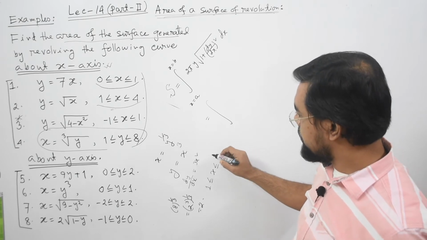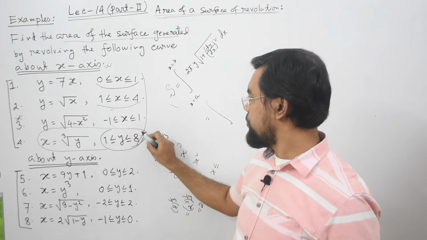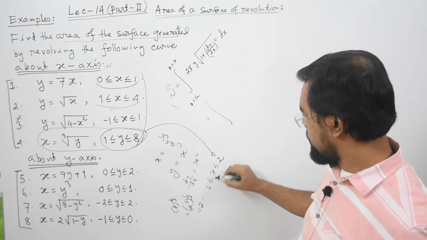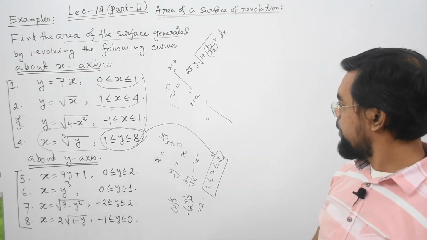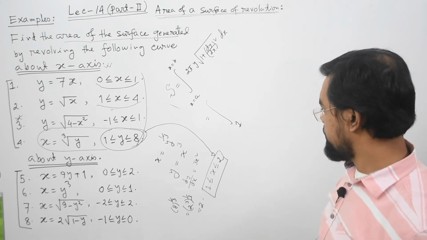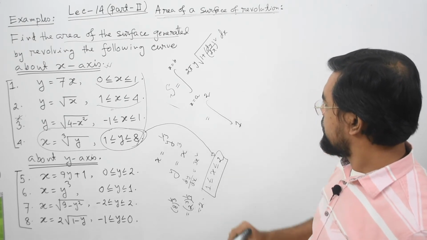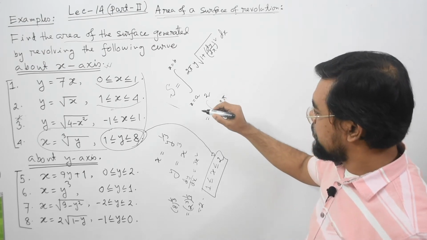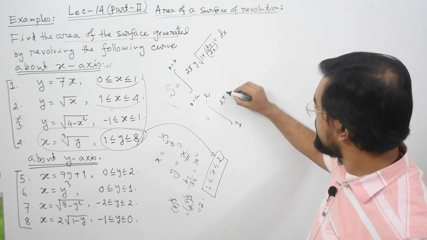So this range of y will convert to 1 to 2 for x. So my lower limit will be 1 and upper limit will be 2, and y equals x cubed.